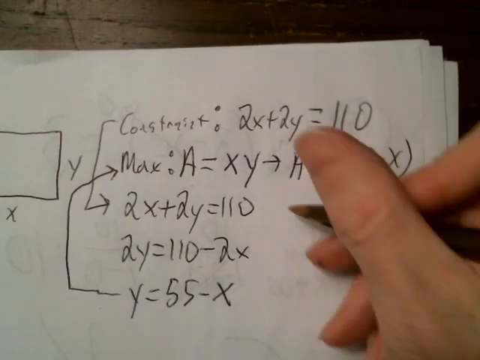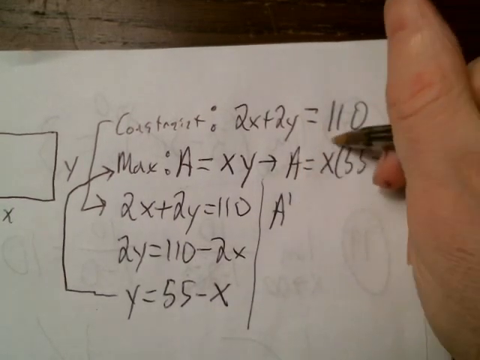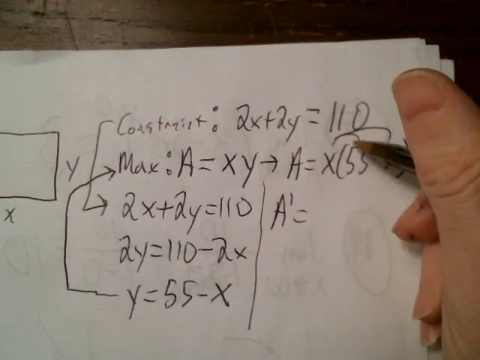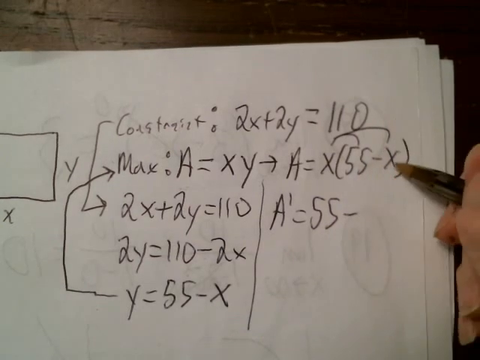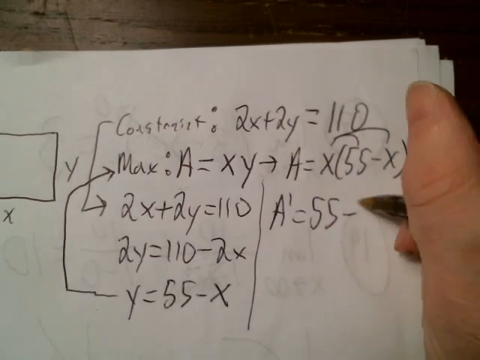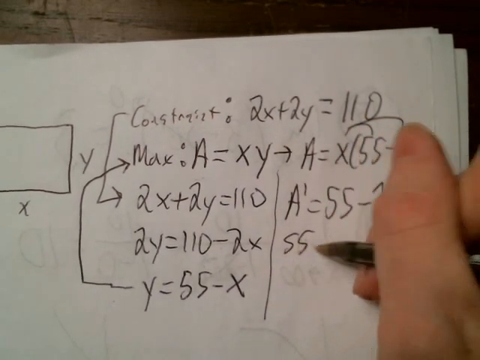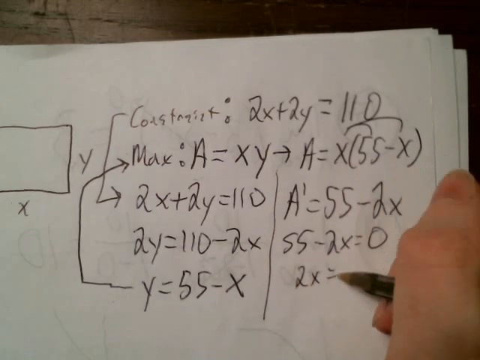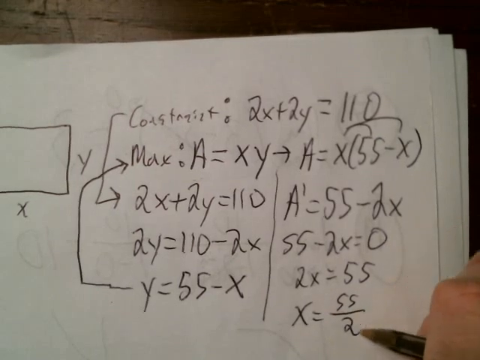Then I take the derivative. So A prime, and I want to distribute this first. 55x, when I distribute it, has derivative 55. Minus x times x is x squared, so its derivative is 2x. Set it equal to 0, and I get x is 55 halves.